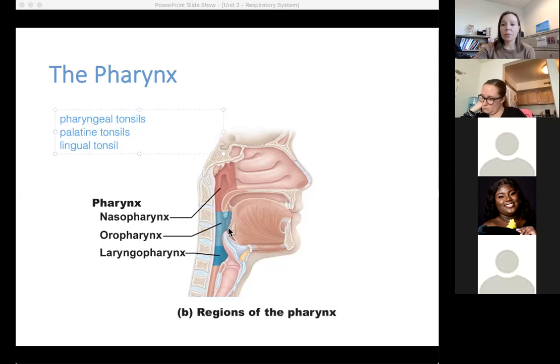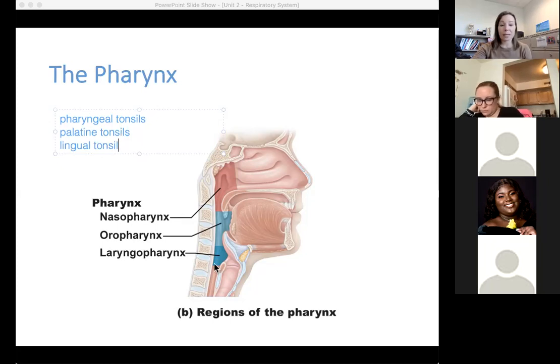And right below, if you look at this picture, right below the laryngopharynx, there is a split into two passageways. So up here, there's only a single passageway. It's the pharynx. You have the oropharynx, the laryngopharynx, but now there's a split. There's a tube that goes in the front, and there's a tube that heads towards the back.